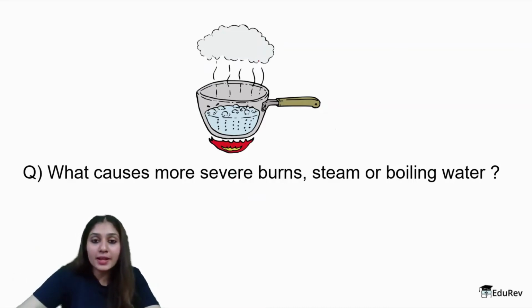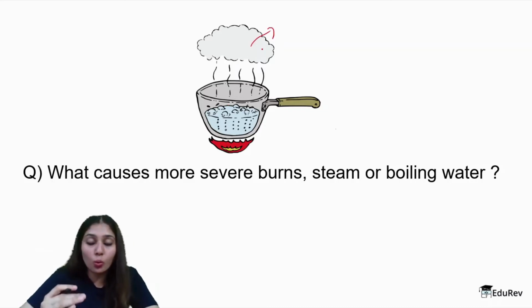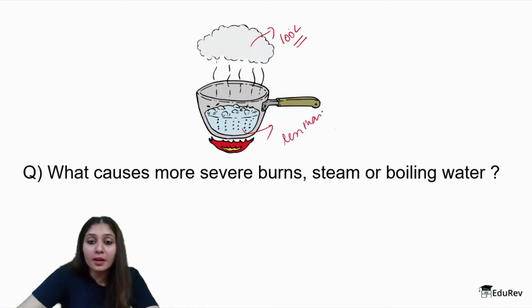Well, steam is what is formed after the conversion has already taken place, the conversion of liquid to gas, and that is why the steam is definitely going to be at 100 degrees Celsius. But as we discussed, the water is not going to increase its temperature unless and until the process of boiling is complete, and that is why it is going to be less than 100 degrees Celsius.